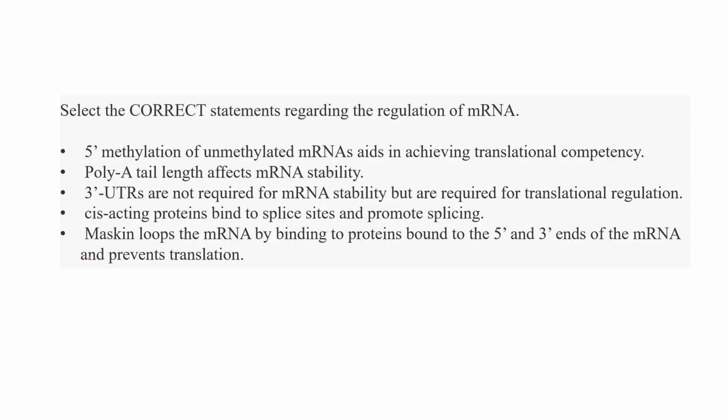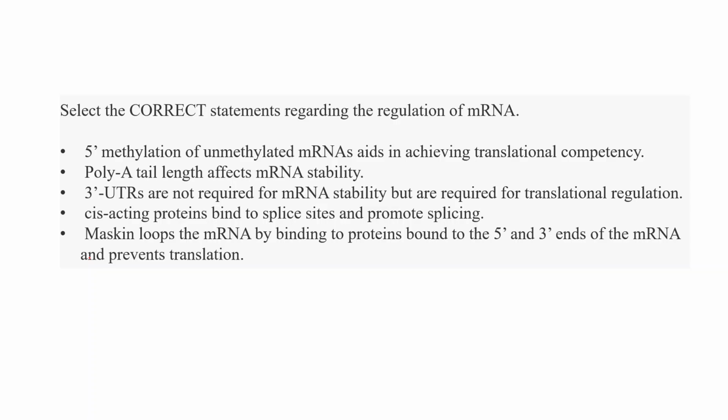Okay. Next question: select the correct statements regarding the regulation of mRNA. First, 5' methylation of unmethylated mRNA aids in achieving translational competency. Second, poly-A tail affects mRNA stability. Third, 3' UTRs are not required for mRNA stability but are required for translational regulation.